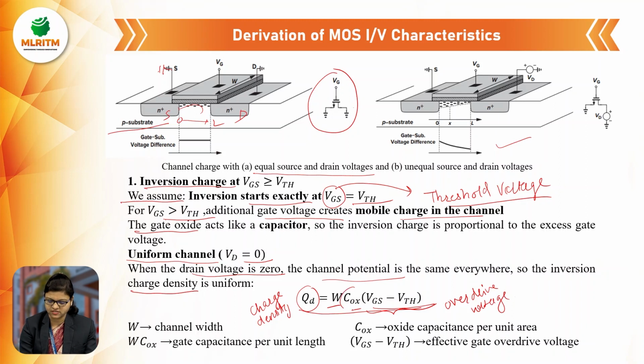Cox is the capacitance of the gate, and W is the width of the channel. Cox is the capacitance of the oxide layer per unit area. The complete VGS minus VTH term is called the effective gate overdrive voltage. This is the charge density formula whenever there is a uniform channel.